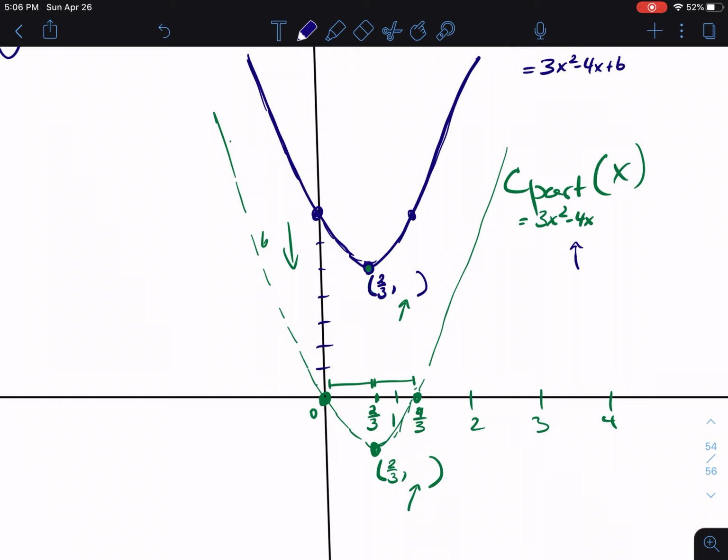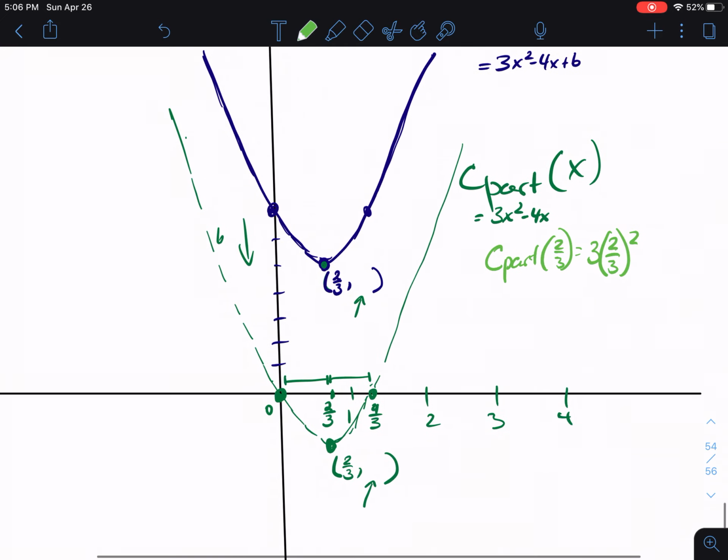So let's see. C part, let me get back to green here, green of some kind. Let's do this one. C part of 2/3 is 3 times 2/3 squared minus 4 times 2/3.